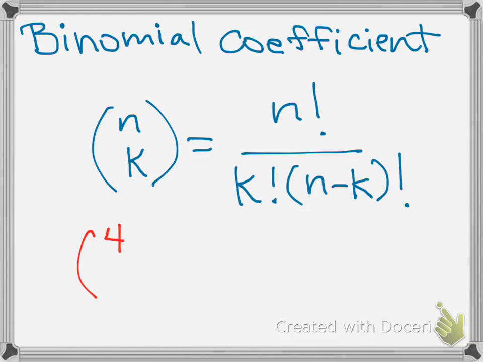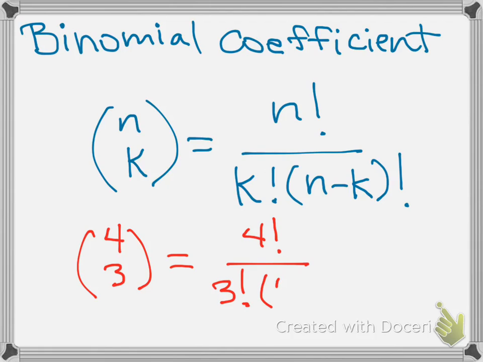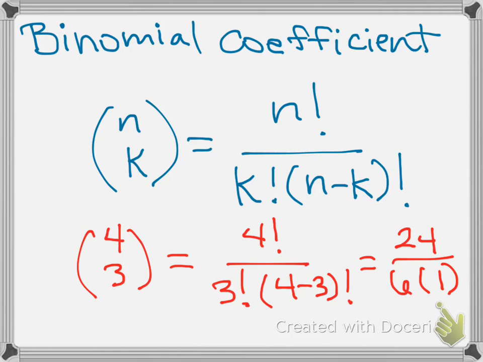So if we want to calculate 4 choose 3, then that's going to be 4 factorial over 3 factorial times 4 minus 3 factorial. Just a moment ago, I calculated 4 factorial to be 24. How prescient of me. Let's see, 3 factorial would be 3 times 2 times 1, so that's 6. And then 4 minus 3, that's just 1, and 1 factorial is just 1. So then we do 24 divided by 6, and that's 4.